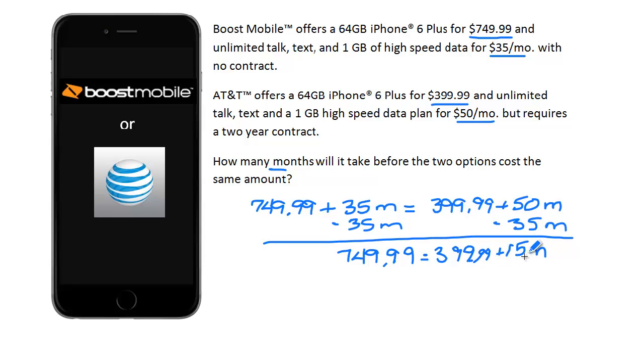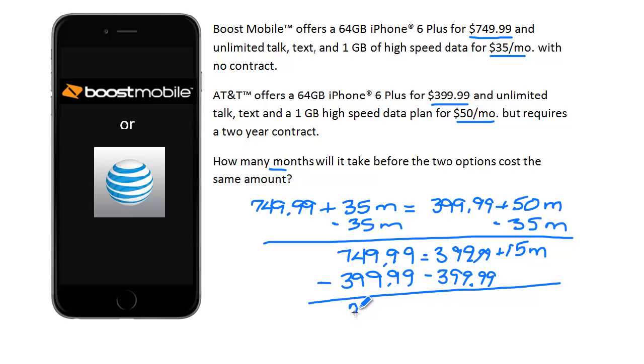So we want to isolate the variable. We're going to take the $399.99 away from both sides. So we'll subtract from both sides. And so we have almost 750 minus almost 400.